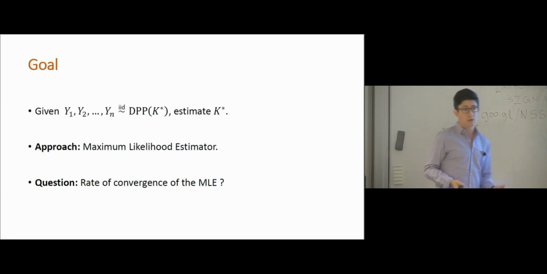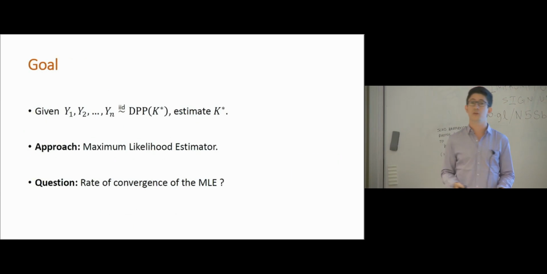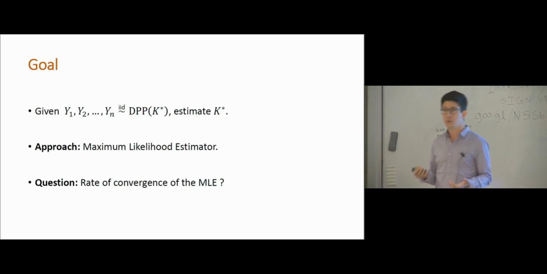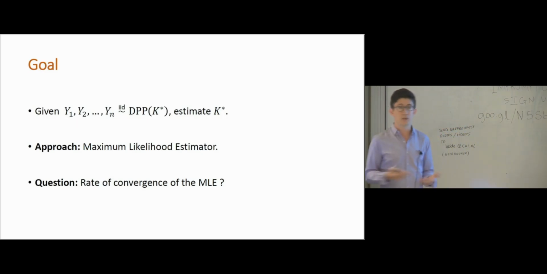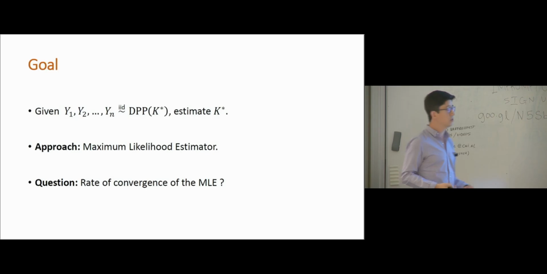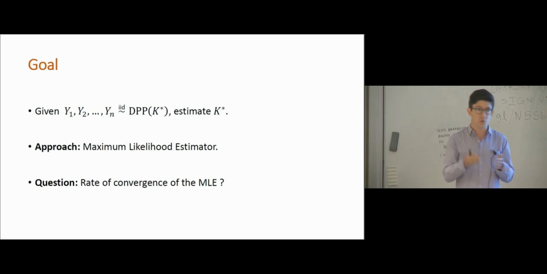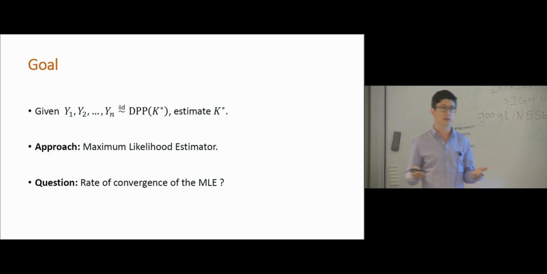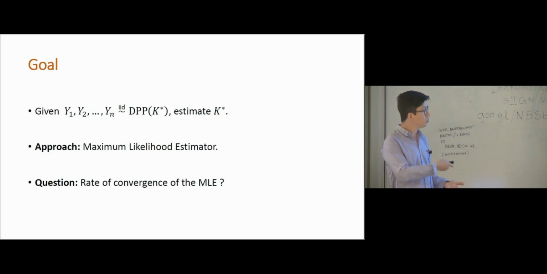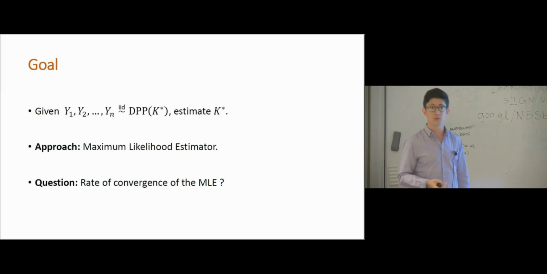So the goal here is to learn the parameter of a DPP. Imagine that you observe independent copies of a DPP, Y1, Y2, ..., Yn. Each of them is a random subset of your finite space. You see them and you want to recover K star, the unknown matrix that rules those realizations. Our approach is maximum likelihood estimation.